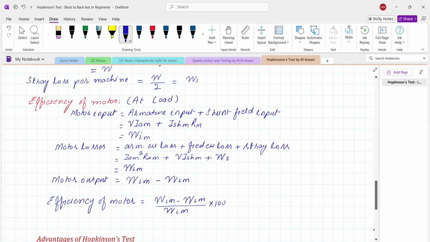In this way, the motor efficiency can be calculated.